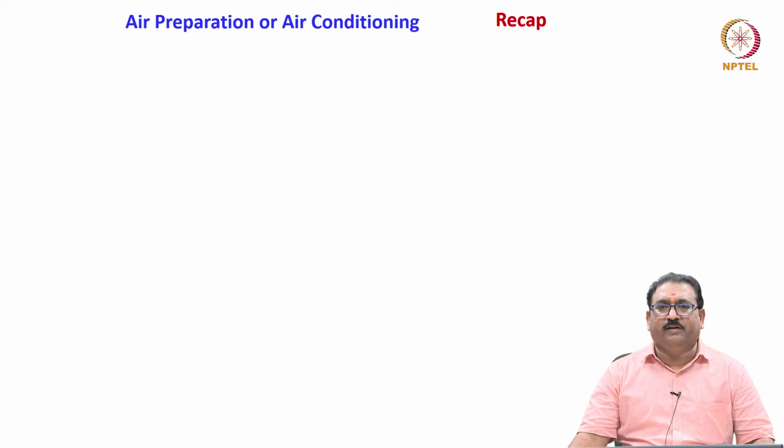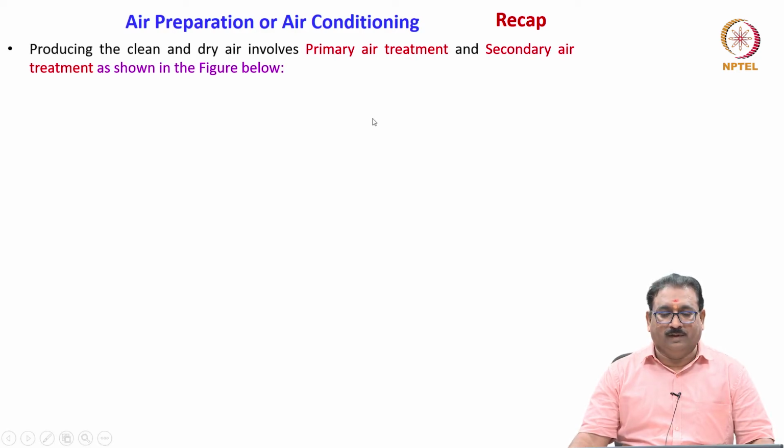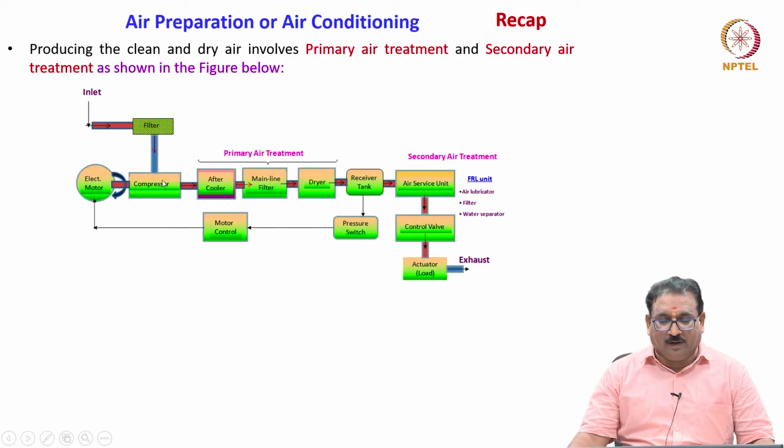Already we have studied in the last lectures that air preparation and air conditioning is one of the important requirements to get clean and dry air. The objective here is producing clean and dry air, which involves the primary air treatment and secondary air treatment as shown in the figure below.